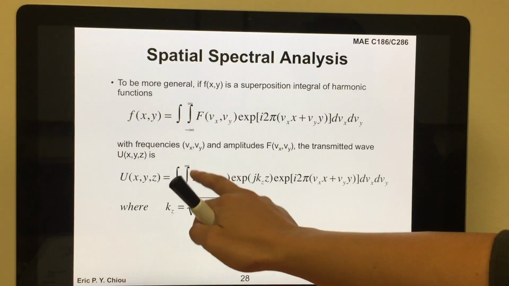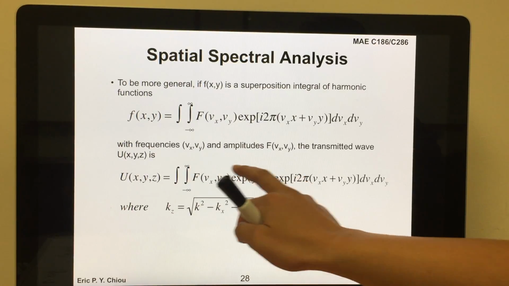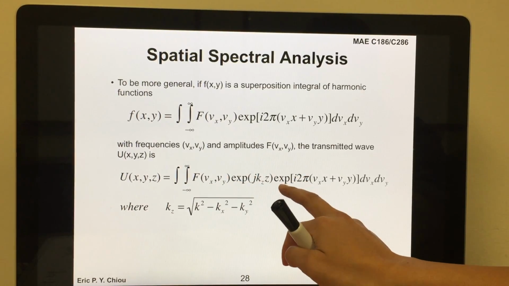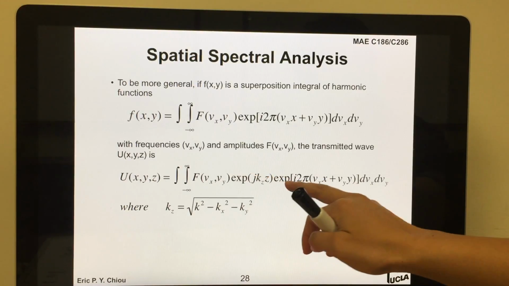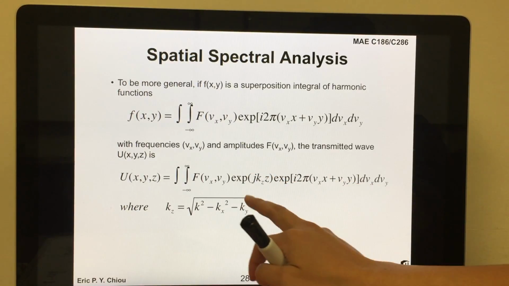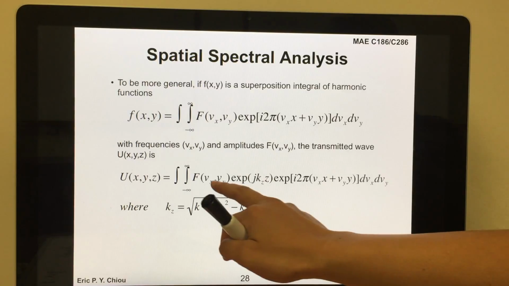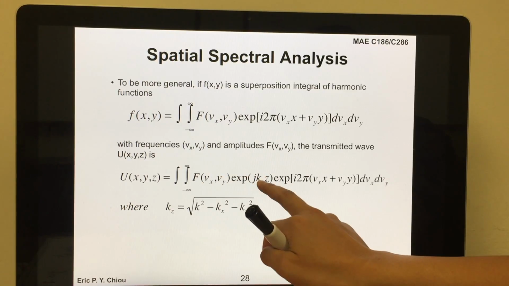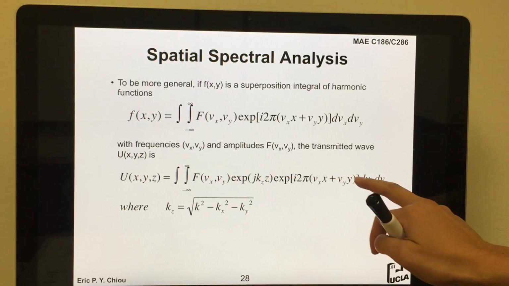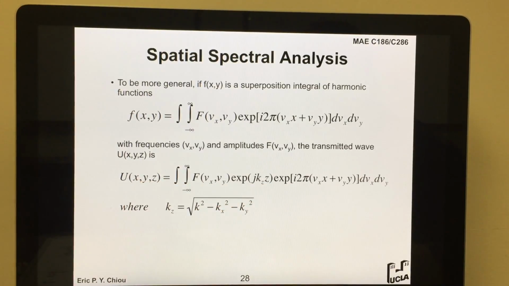Based on this new Fourier transform, you do the inverse Fourier transform. No, it's not inverse. This is the Fourier component with this extra phase term, and then you do the superposition, and you get the new f of x, y and z. This is how we look at the free space propagation of light.